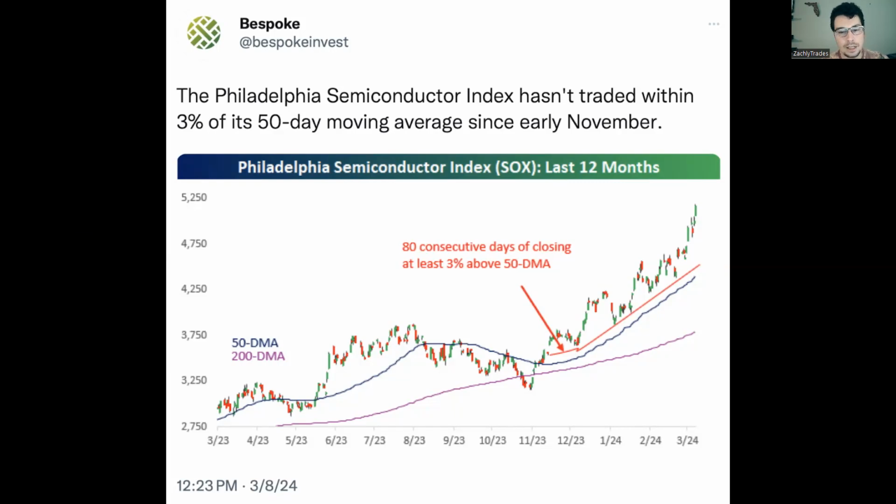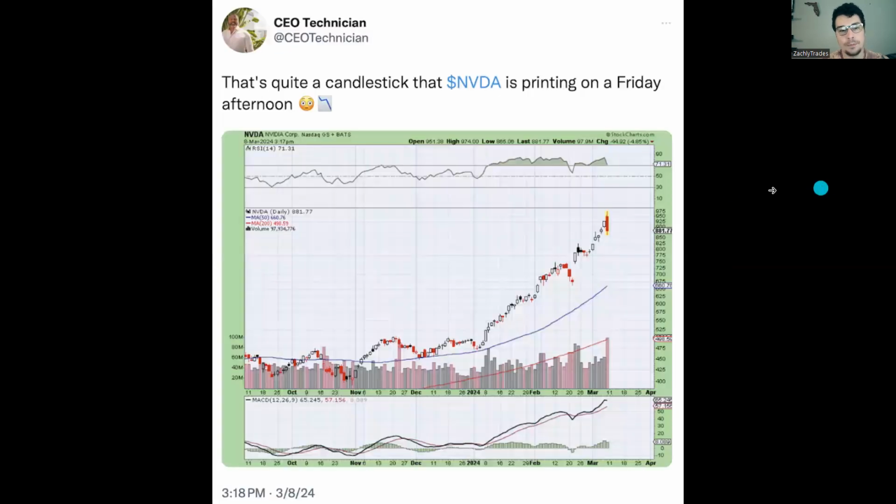So, it's not a complete indicator that semiconductors and Nvidia are about to roll over, but it would make a little bit of sense if we were to see at least a little bit of mean reversion, right? These things have gone pretty much parabolic. I highlighted that in a previous video, so I don't want to spend too much time on it. But this is the candlestick that we're talking about here on NVIDIA. It's got an outside candlestick, and it is also a bearish engulfing candlestick.